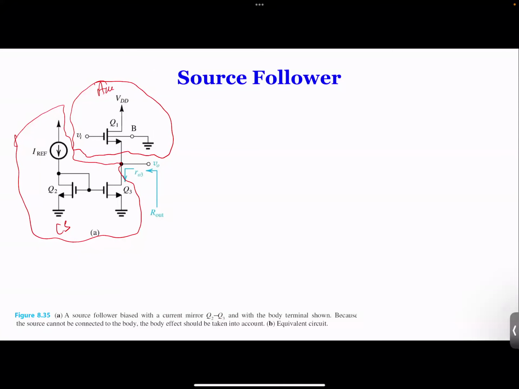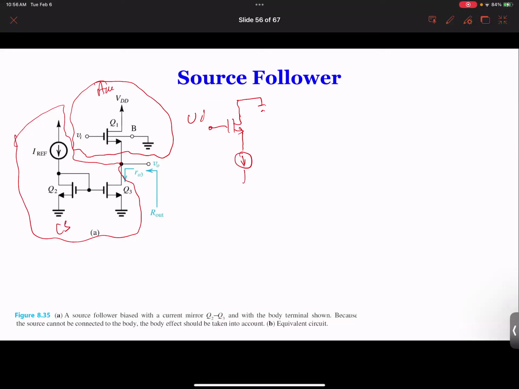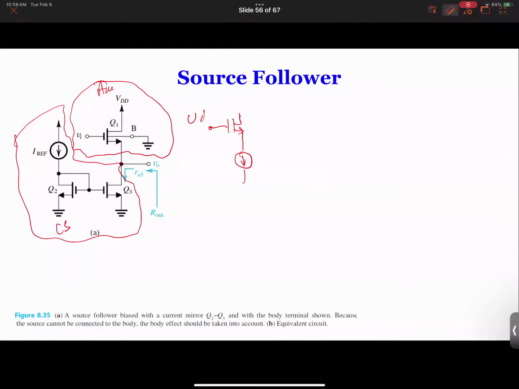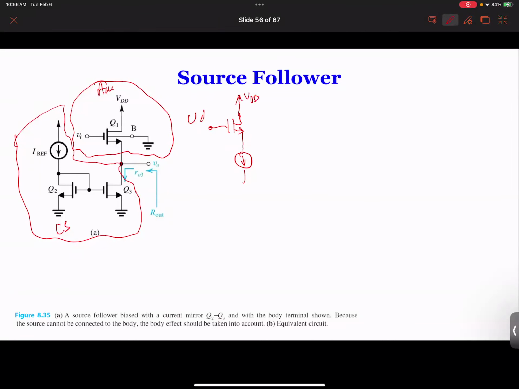So the equivalent circuit of this can be redrawn. For the DC case, probably we should draw the VDD, and this is the equivalent of this current source, IO.